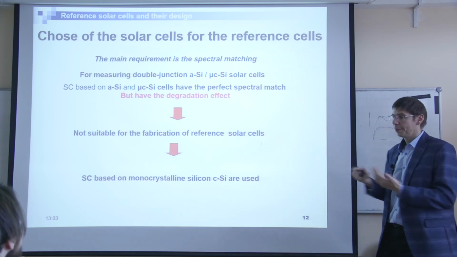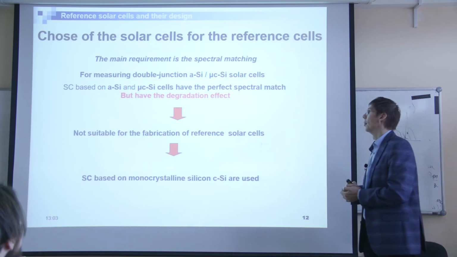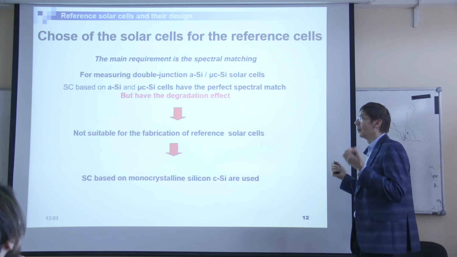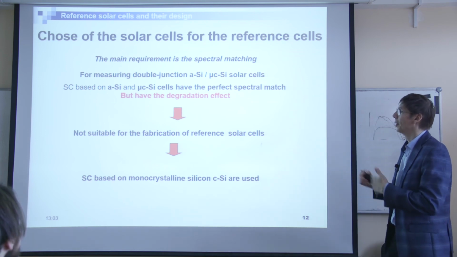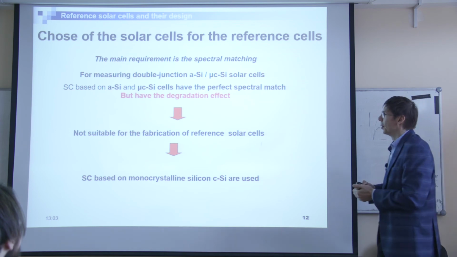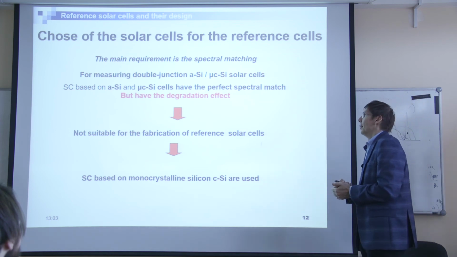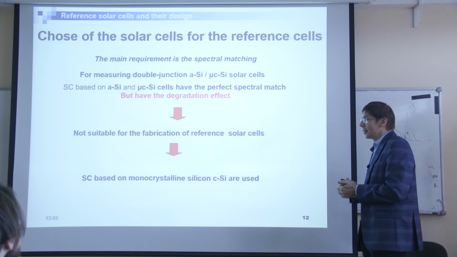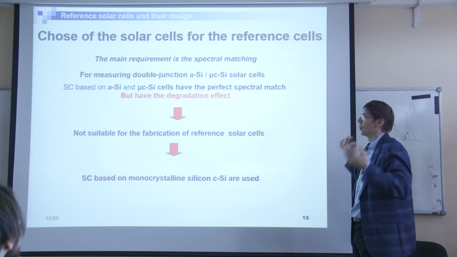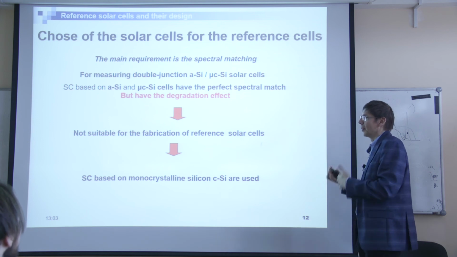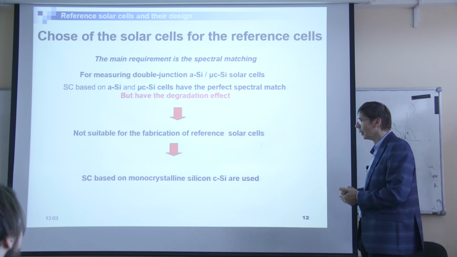They have a nice spectral match, but we cannot use them because, for example, amorphous hydrogenated silicon has light-induced degradation, which means its characteristics change with time. So, of course, we cannot use such a material as a reference solar cell. It should be stable.